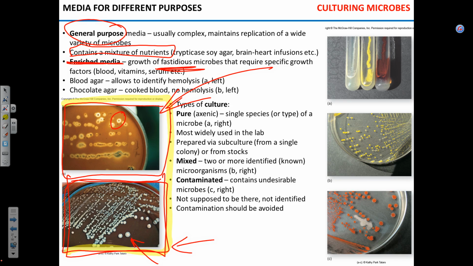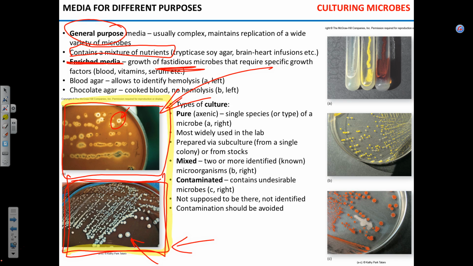Some microbes can destroy red blood cells. When these microbes grow on the blood agar, they form the clear zone around the colony. Does that make sense? Other microbes will not destroy, or they will destroy, but that destruction will be incomplete.